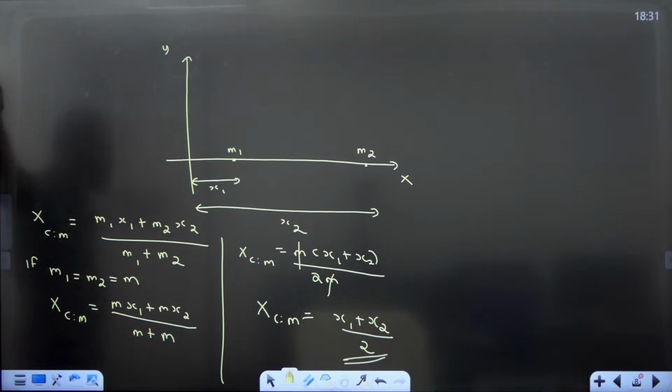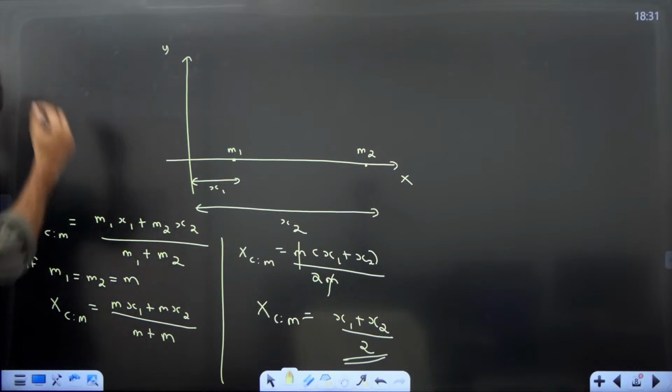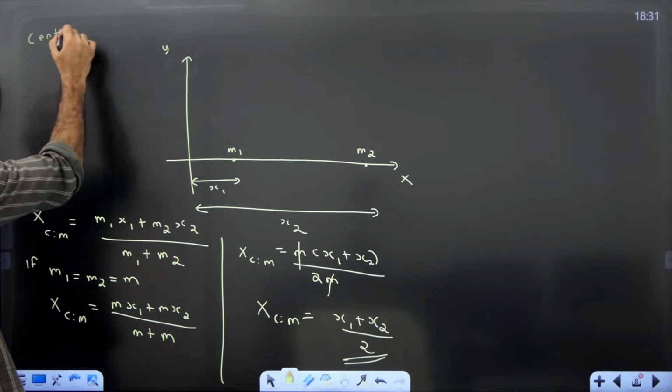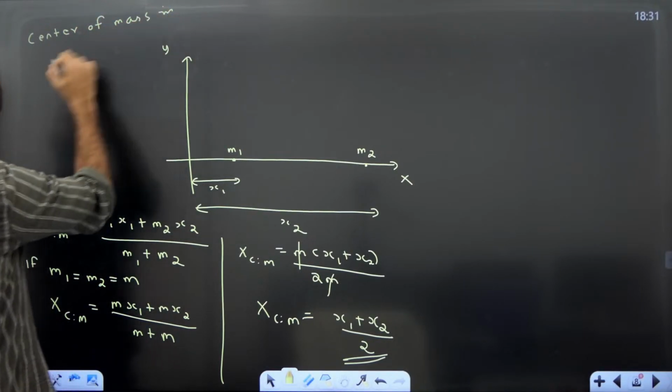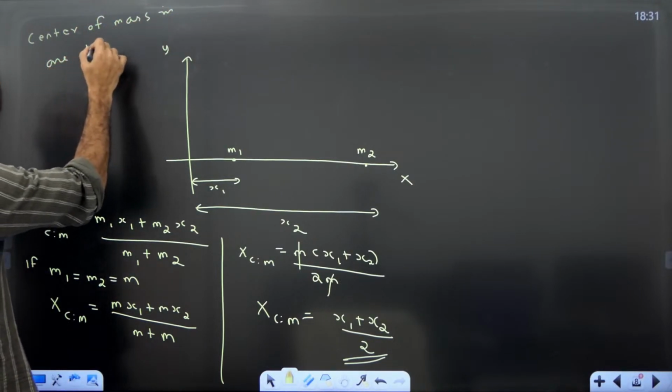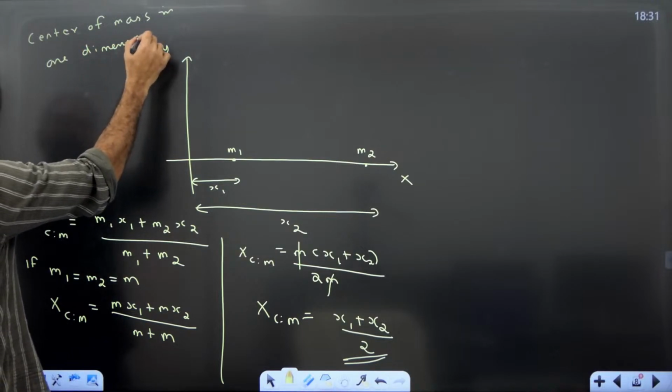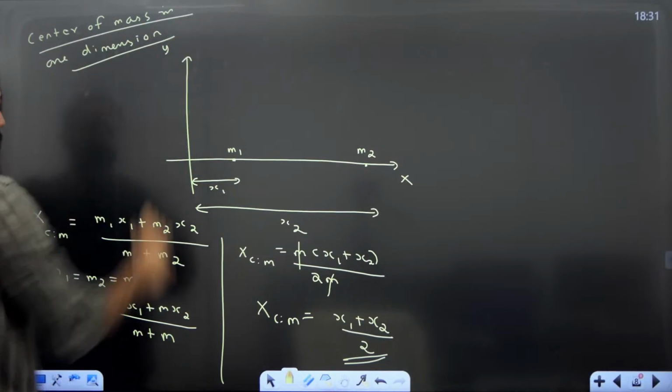Any doubt? What is the heading? Center of mass in one dimension. Please note it down.